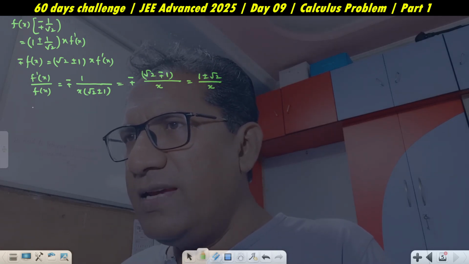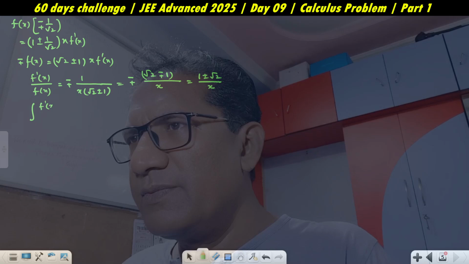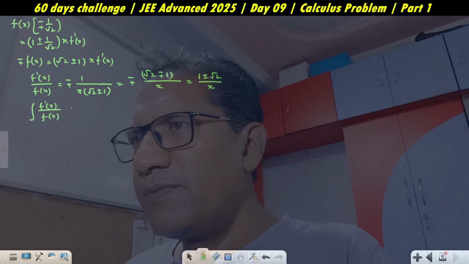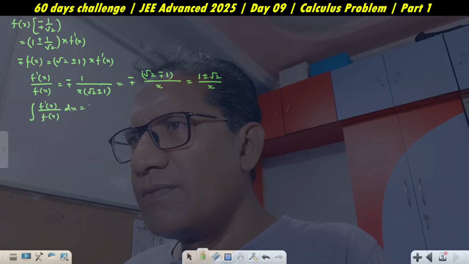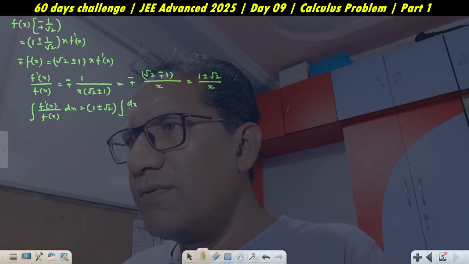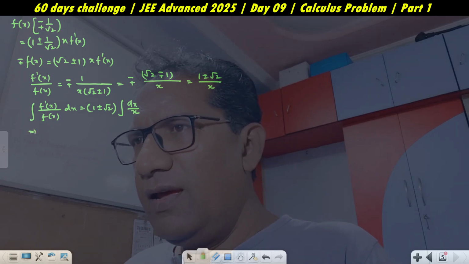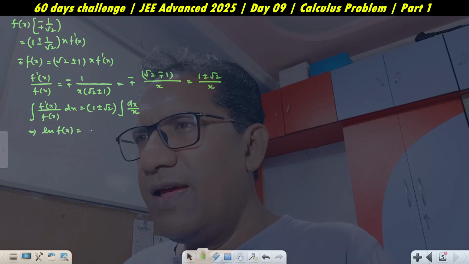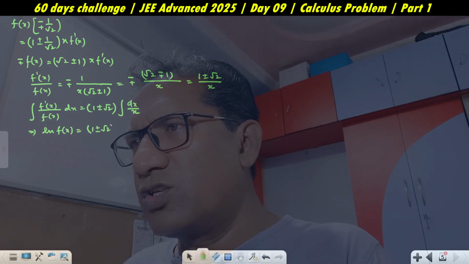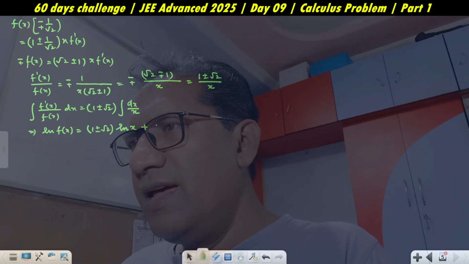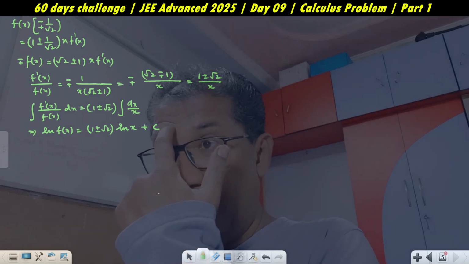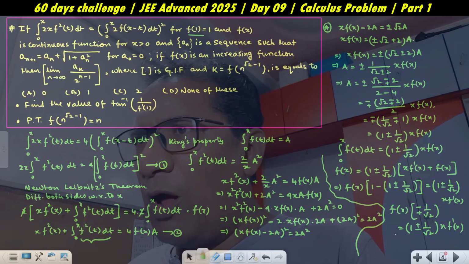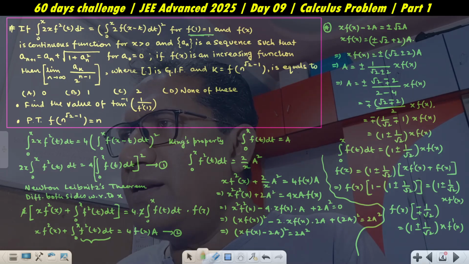Now, if I integrate both sides, we are going to have this is log base e f(x), and this is 1 plus minus root 2 log base e x and the constant c. Now we have been given in the problem that f(1) is 1.